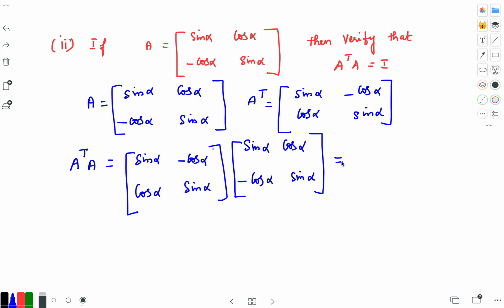How to multiply two matrices? Sum of the product of rows with the columns. Here, first row with the first column.